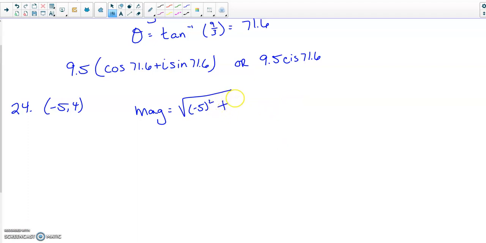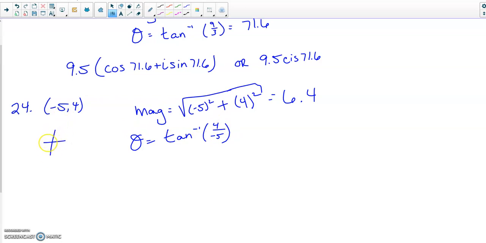Okay. So we were finding the magnitude. So we're going to square the 4 as well. And then I'm going to type that into my handy dandy little calculator. And I get 6.4. Now, oopsies. Okay, here we go. So now inverse tangent y over x of 4 and negative 5. Now notice here, quick little sketch, negative 5, 4, I'm in quadrant 2, and we know in quadrant 2 we have to add that 180 degrees, okay?